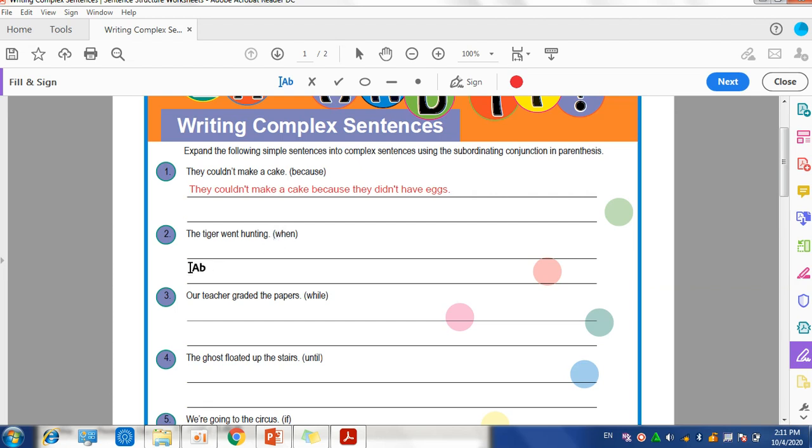The tiger went hunting when he was hungry. Okay. Our teacher graded the papers while. Let's start here with while.